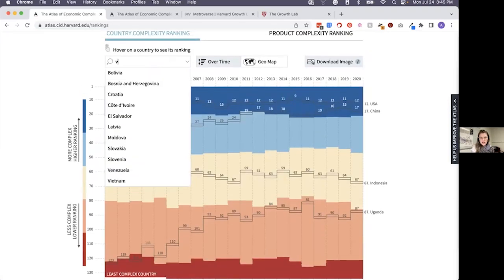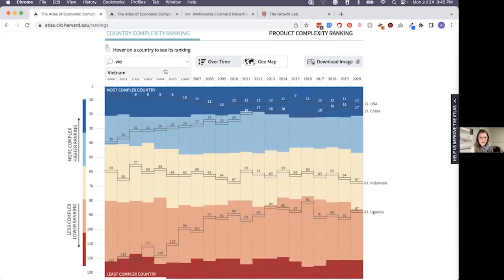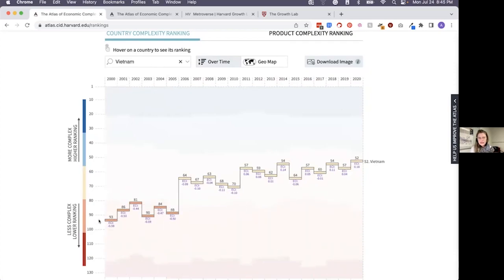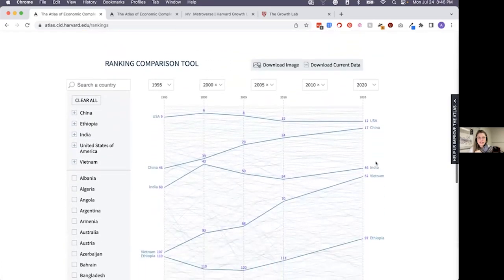Again, I can search for a country. We'll choose Vietnam once again, and we can see, and we saw this a little bit in that overtime development of Vietnam's export basket, that indeed its complexity has risen over time from a ranking of 93 all the way up to 52 today.